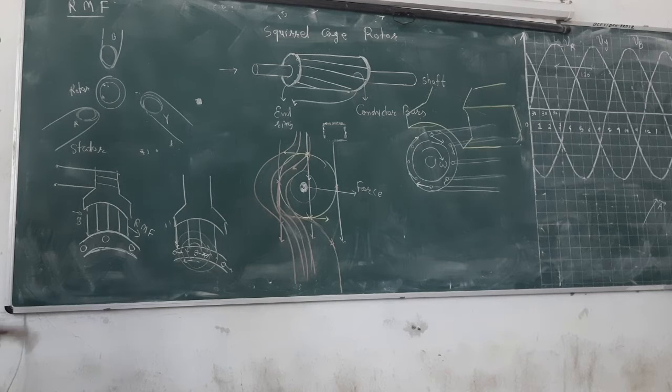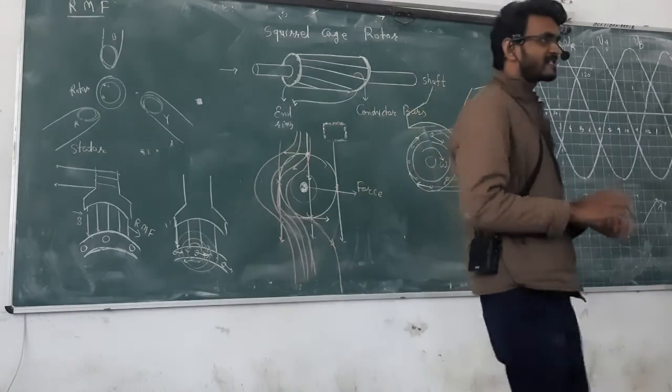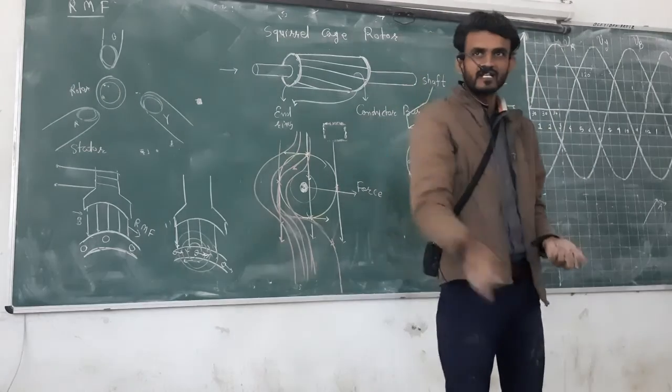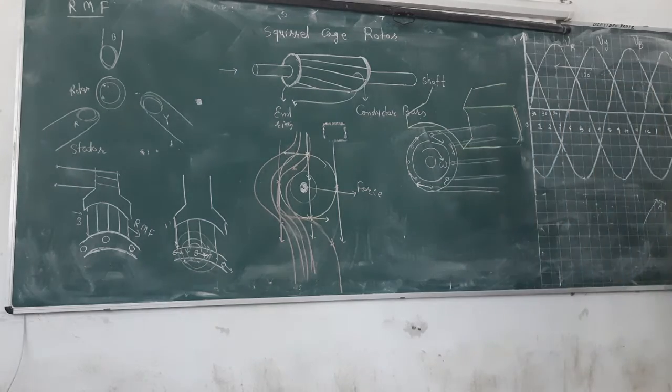But wait. The rotating magnetic field is not visible. It is like a magnet rotating like this. So the rotating magnetic field also has a speed, a fictitious speed.